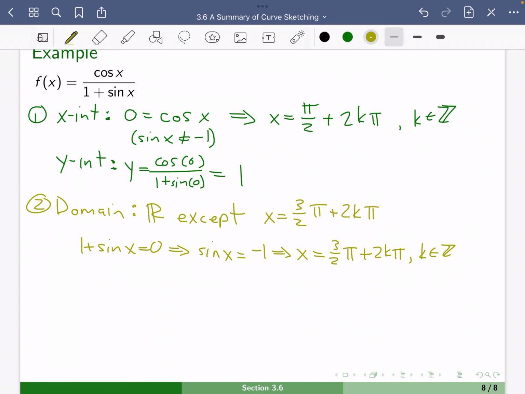Those points are going to be discontinuities.